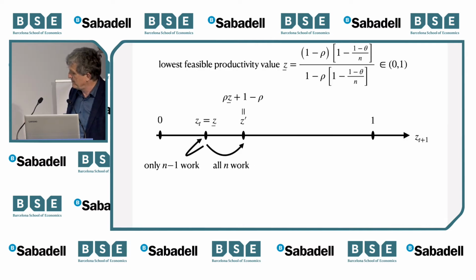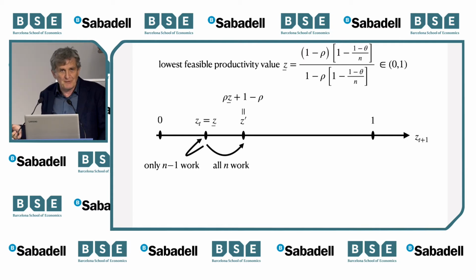There's a place called Z lower bar, below which Z never goes, if you think about the algebra that I've just shown you. So if we were starting at Z lower bar, and all of us work, then it'll creep back up towards 1, Z prime is higher. On the other hand, if N minus 1 of us work, you get stuck at Z lower bar, and Z lower bar is strictly above 0.